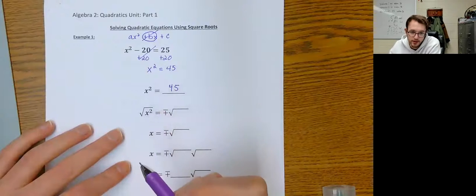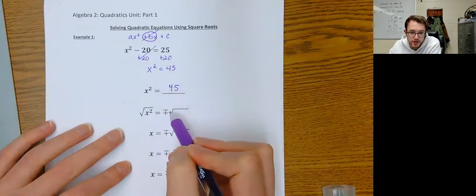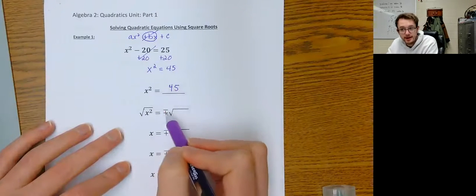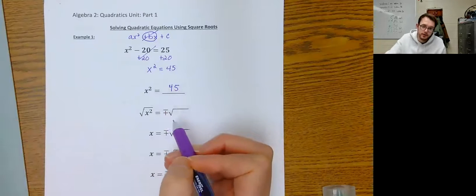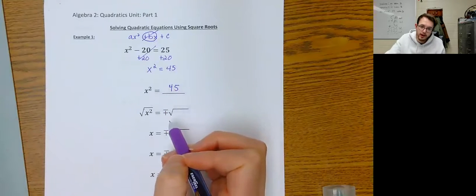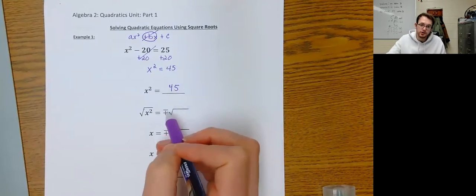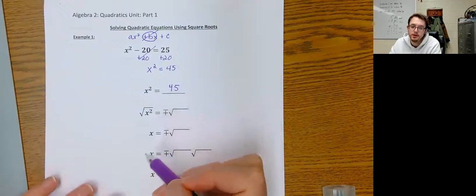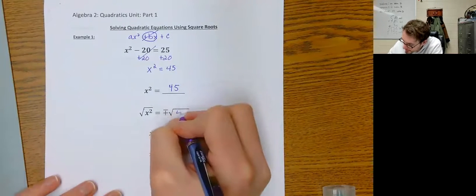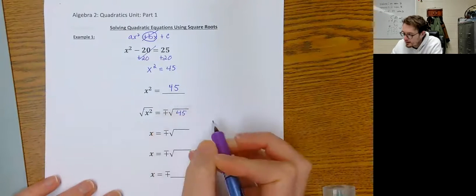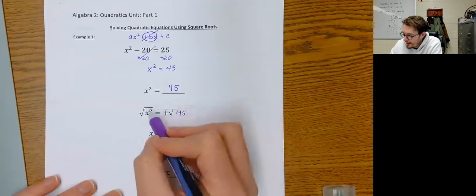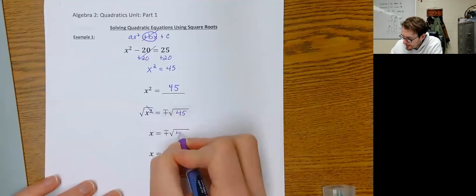Taking the square root of it. Now, whenever you take the square root, you get plus or minus, because a negative times a negative is a positive, and a positive times a positive is a positive. So you get the plus or the minus, the square root of 45 here, and that cancels that out.